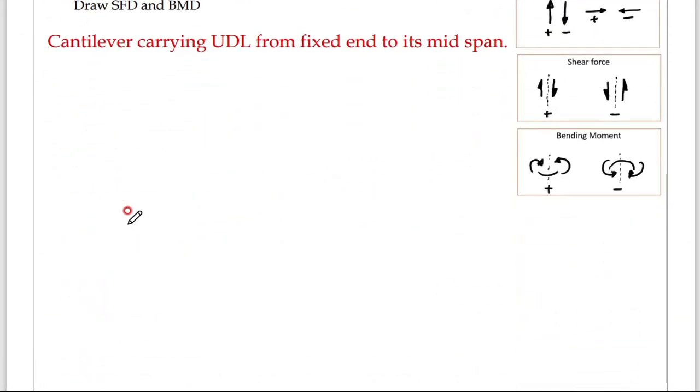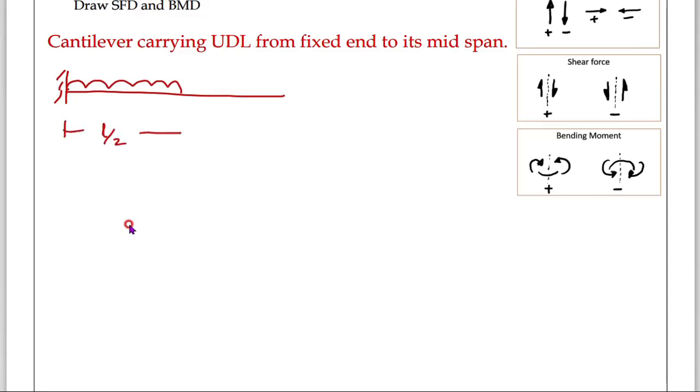Next one is a cantilever carrying UDL from the fixed end to its midspan. To its midspan, this much must be L by 2 because of the midspan, and this must be L by 2. Right?